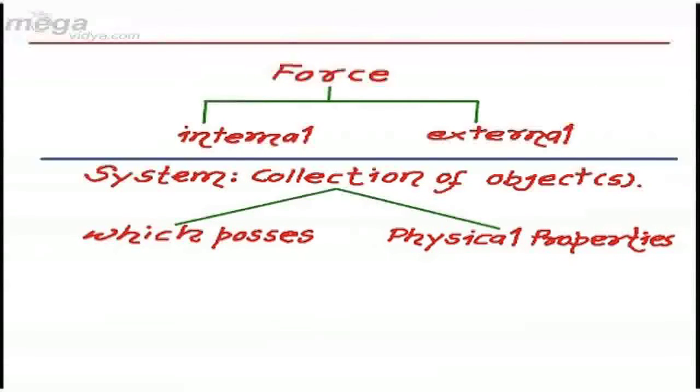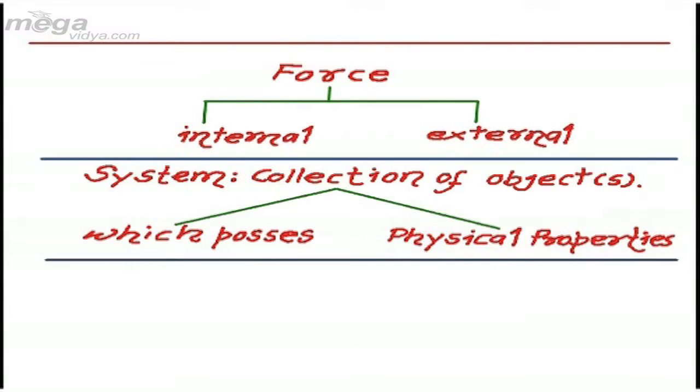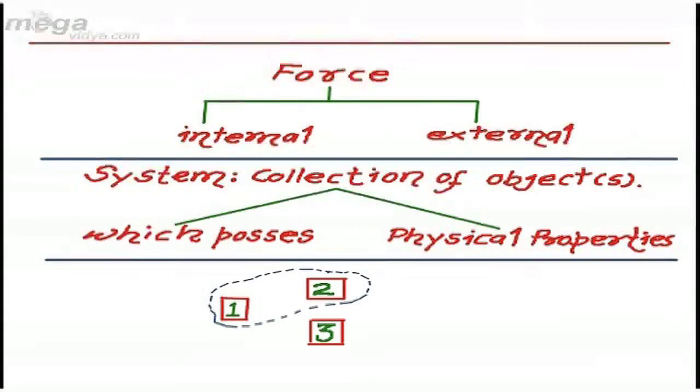When we talk about the system, say we have taken object 1, object 2 and object 3. Say this dotted line shows my assumed system. I have taken only 2 objects as a system from available 3 objects.